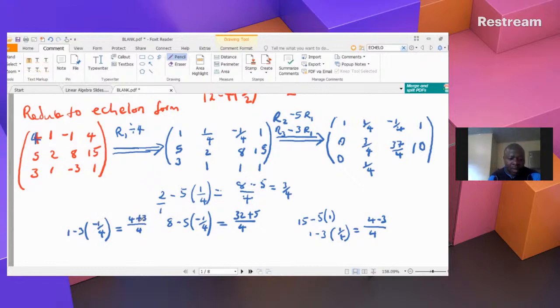So this is 7 out of 4. What about this? It will be 1 minus 3 multiplied by the element in row 1, and the element in row 1 is 1. So this gives us negative 2.